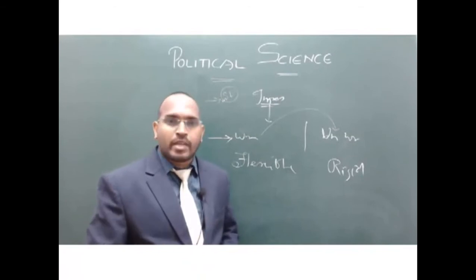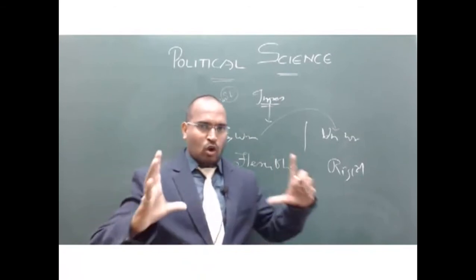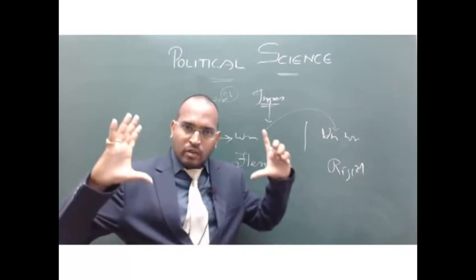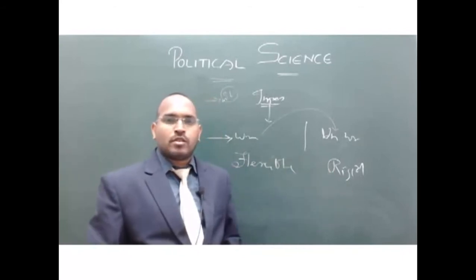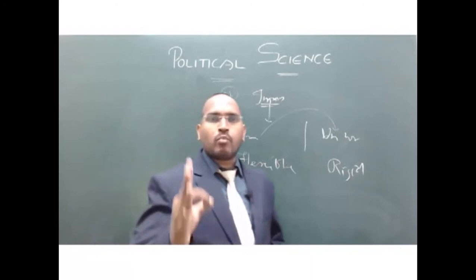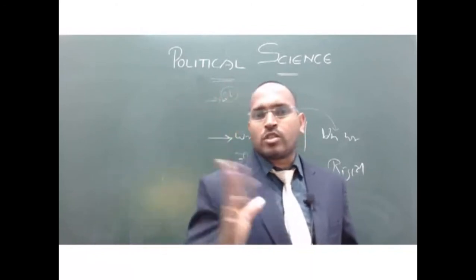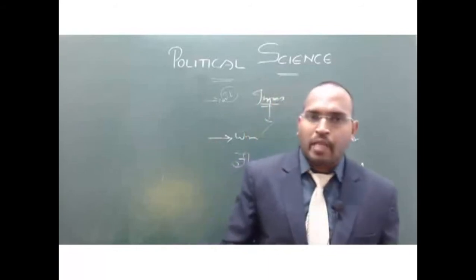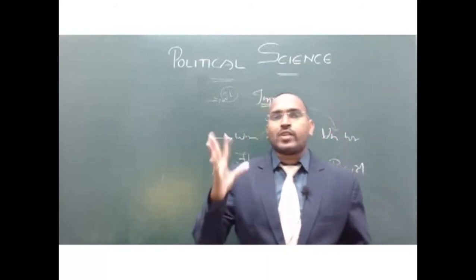That is flexibility. Rigid means it is strong, we can't change it, we don't have the right to change. Rigid means very strong. In the world, the most rigid and toughest constitution is the American Constitution.